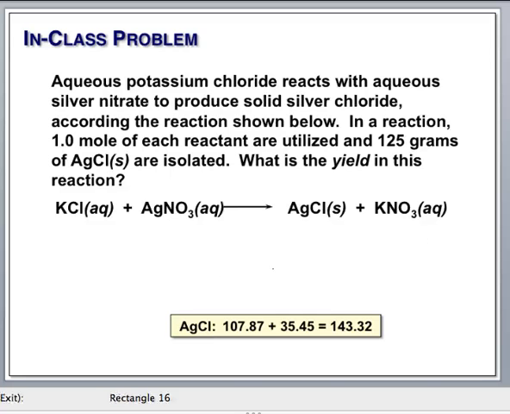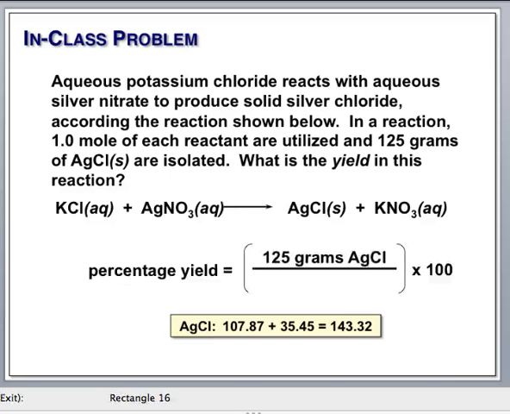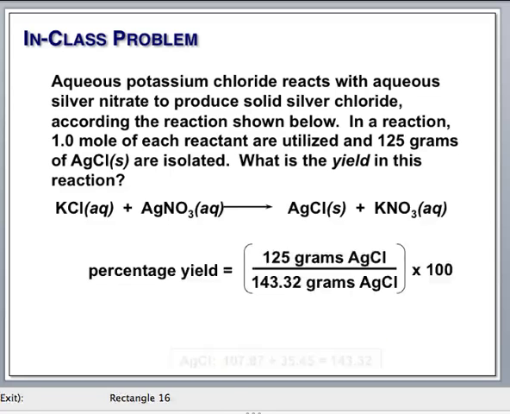So our percent yield is simply the actual yield divided by our theoretical yield multiplied by 100. Or 87.2%. Any questions?